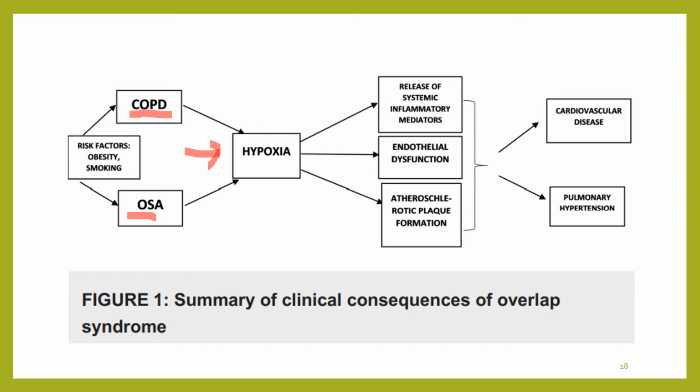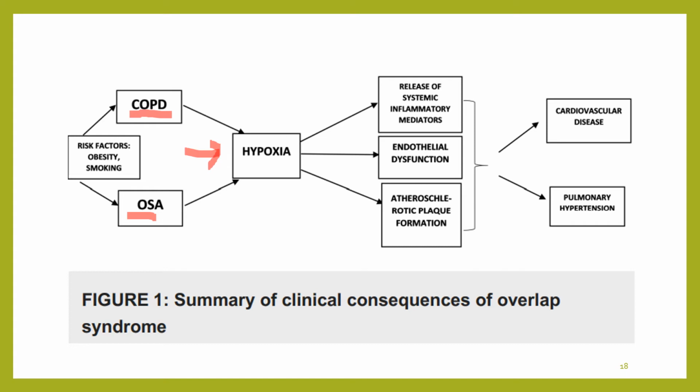Risk factors which can aggravate the situation are obesity, smoking, and a whole slew of things I listed before. So you get a COPD or an OSA patient, you get some risk factors, and they're all hypoxic. When they're hypoxic, there are a few different physiologic responses.